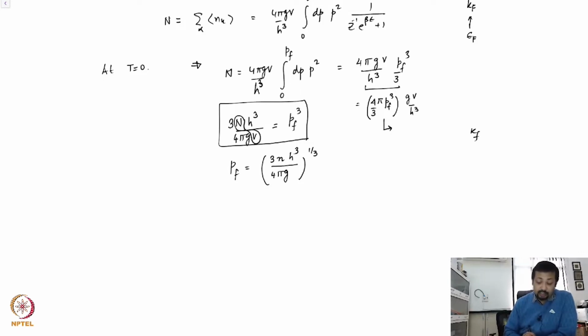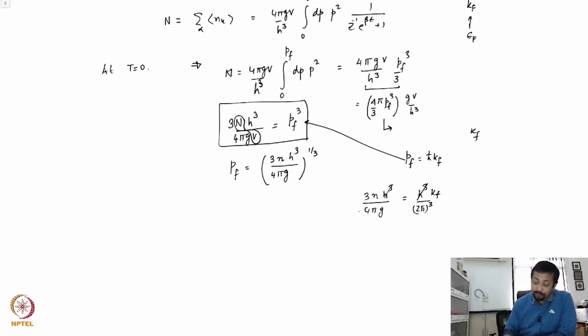In fact, you can clearly see that if I write pf as h bar kf and substitute this relation over here, then I'm going to have 3nh cube over 4 pi g equal to h cube kf over 2 pi whole cube, and you see h cube is going to cancel away.